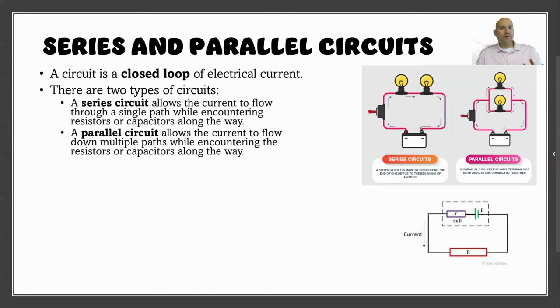There are two types of circuits: a series circuit and a parallel circuit. Series circuits are ones in which the current flows through a single path and encounters resistors along the way. The way I like to equate it is like running around a track. What that means is that the current is going to be the same, so I through I1 and I2 is always going to be the same.